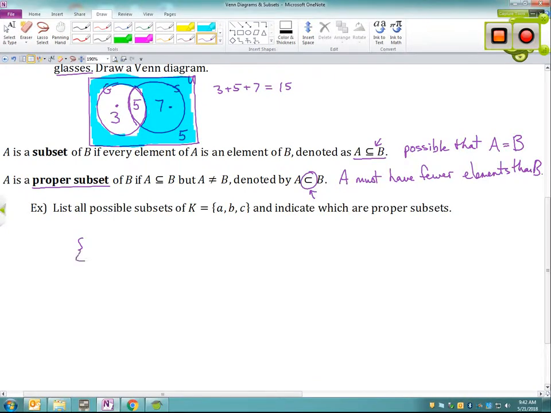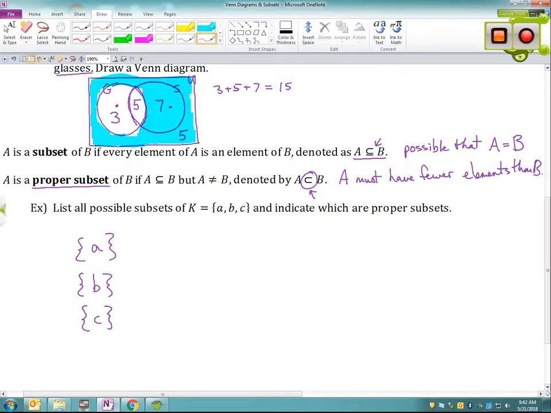So I'm going to start with A, the set that just contains A, B, and C. So far, all of these are proper subsets. I'll label it here in a second.